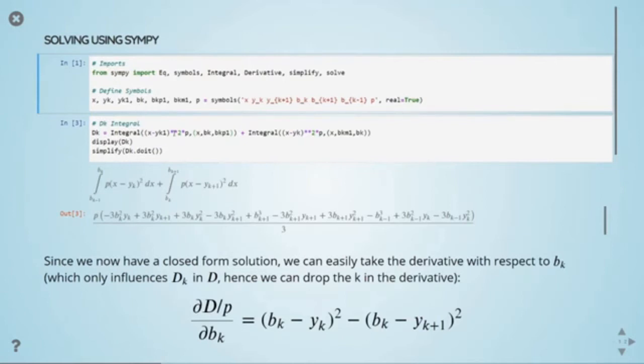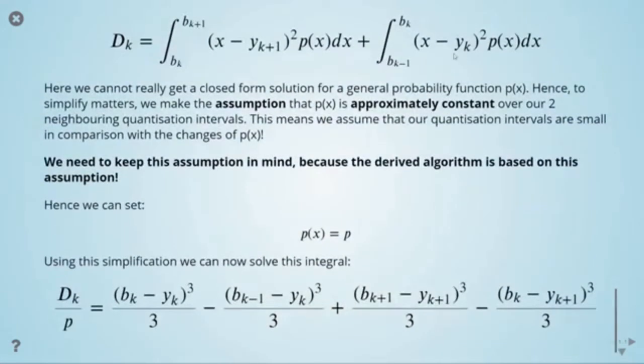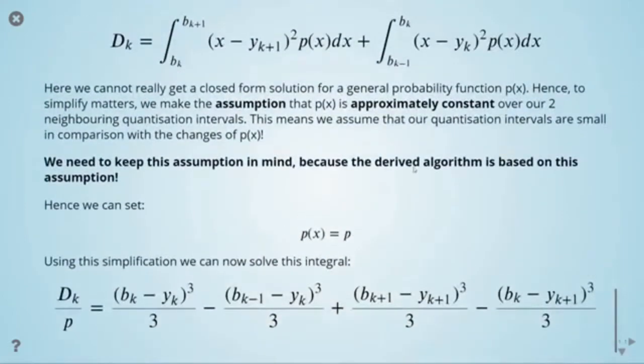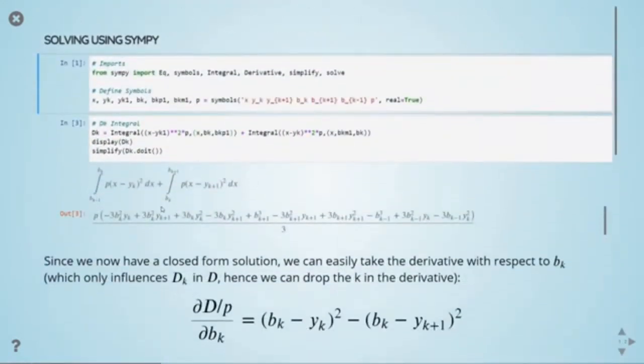Then I am defining this integral, which is exactly the same as this integral over two neighboring quantization levels. So we have from b of k minus 1 to b of k, and then we also have b of k to b of k plus 1.